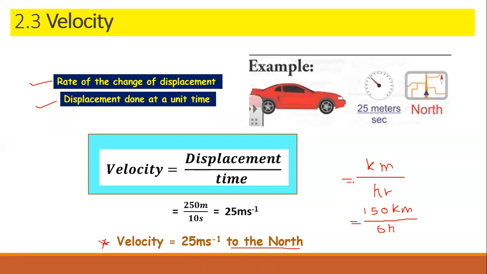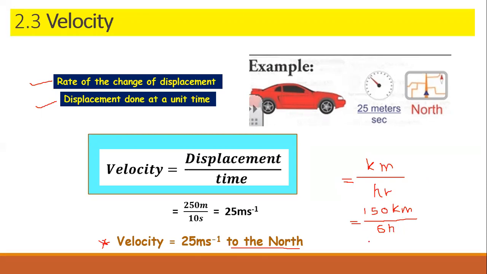But this is not practicable for day-to-day activities, because we are just talking about displacement. We can't consider a straight line path in our practical life. So we can just take an example, but it is not practicable. 150 kilometers within 6 hours, maybe a big country with a big highway.